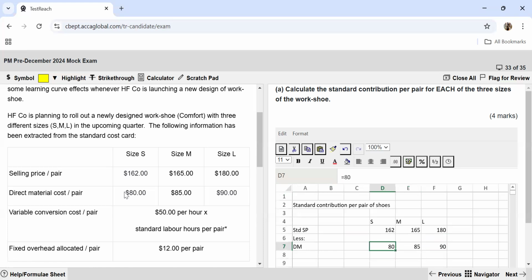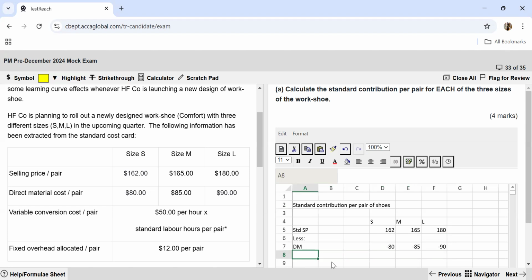You can either use a minus sign over here, or you can put it in the formula later. I will put the minus signs here itself. All right, so these are the direct material costs for each of these.